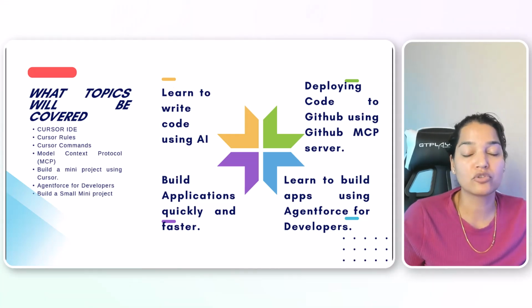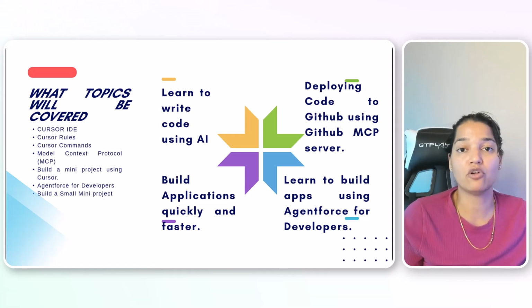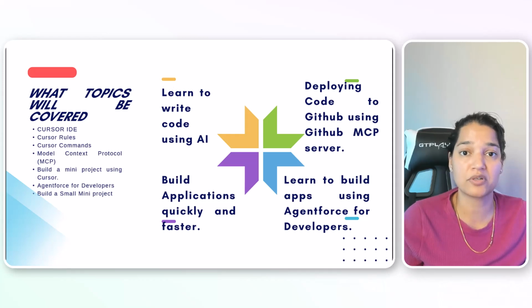Then we will go ahead and build a mini project using Cursor IDE. Then we will talk about Agentforce for developers. We will see the different features that are available, and also build a mini project using Agentforce for developers. So you're building two main projects, and through those projects, you're learning to use Cursor IDE and Agentforce for developers.